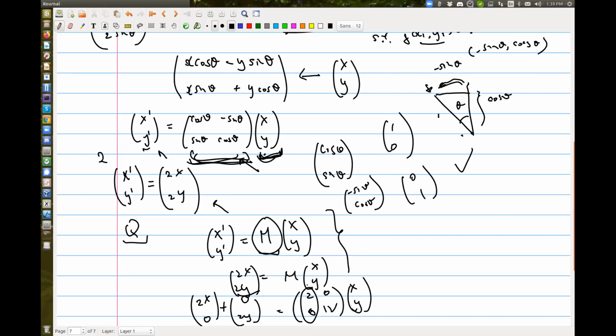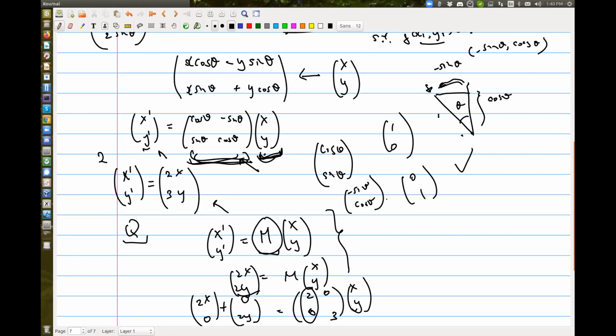So that's scaling, and you can scale differently along different directions. For example, in the y direction, maybe I scale 3 times instead of 2 times, then this entry will be replaced by 3.